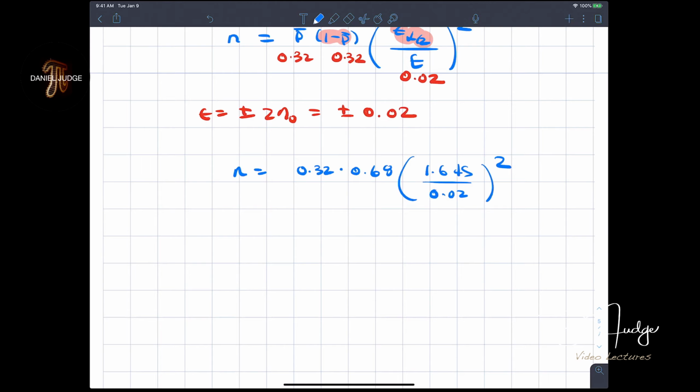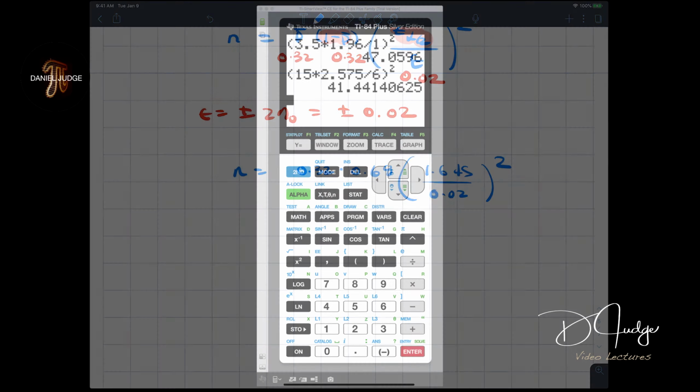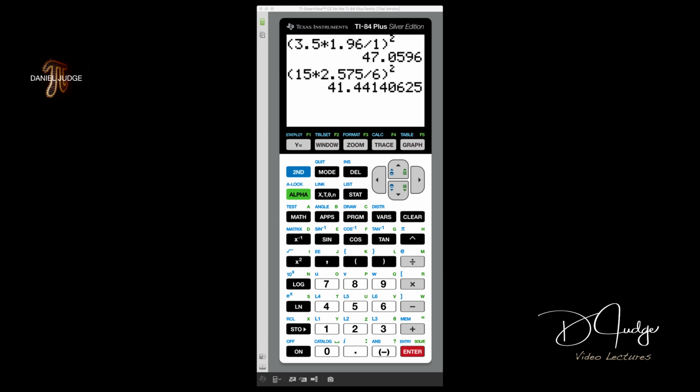So this is all just plugging in the right formula and using your TI here. And so, okay, let's go. Where's the TI? Here we go. Here's my TI. And I say, okay, let's clear this out. 0.32 times 0.68 times, put this in parentheses, 1.645 divided by 0.02.